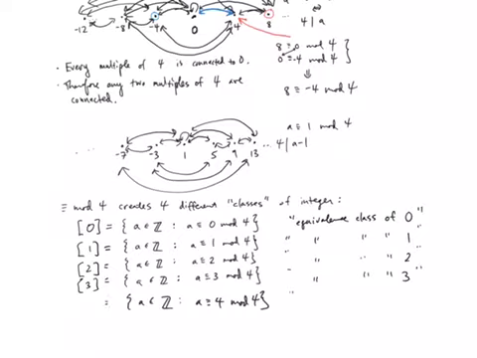And then down here, we could also consider this set, the equivalence class of 4. So it's everything that's connected to this 4 mod 4. And as I briefly argued, that should be equal to the equivalence class of 0.